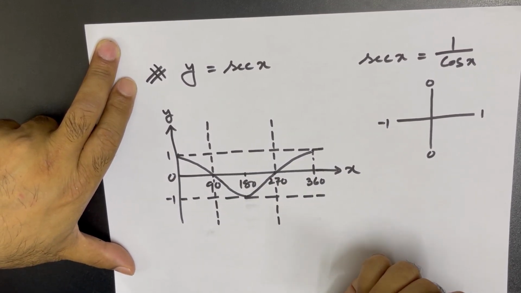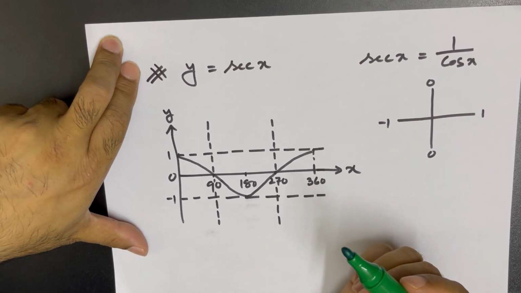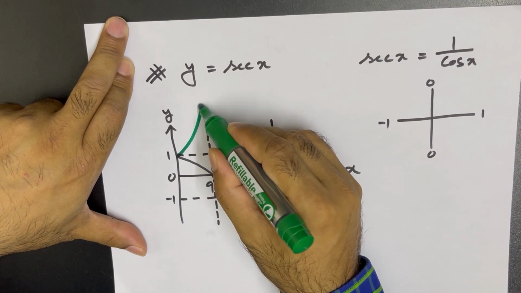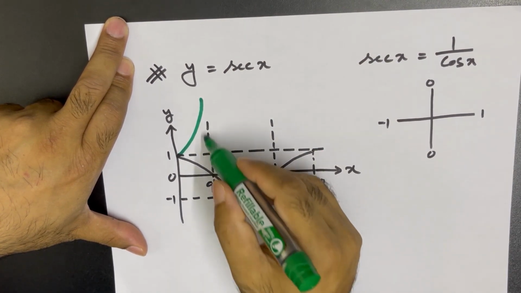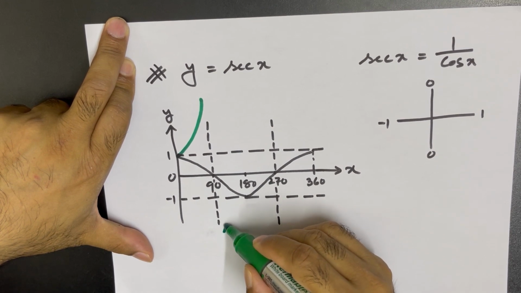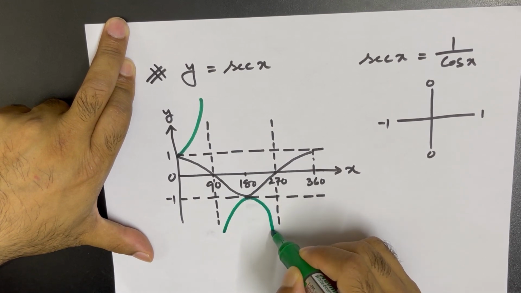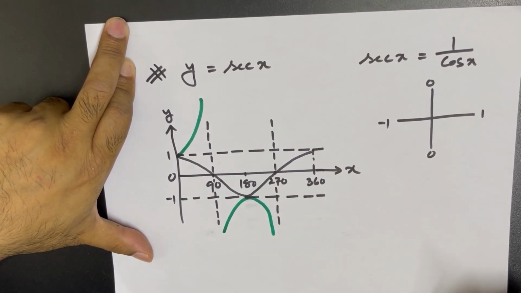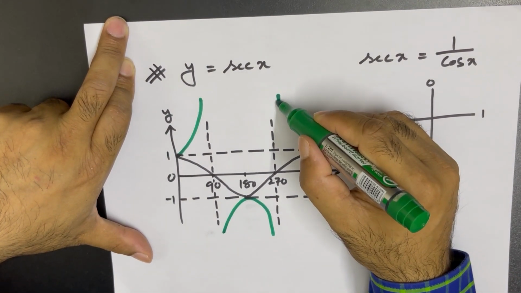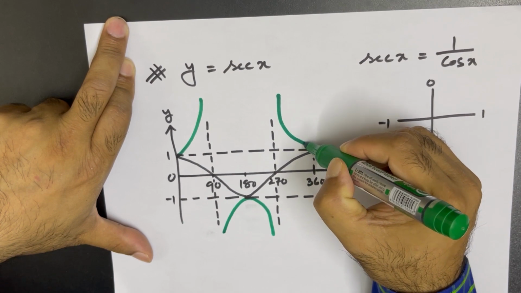So the shape of sec x will be from here to here. It will be asymptotic with 90 degrees, and another part is from here to here, and another part is from here to here.